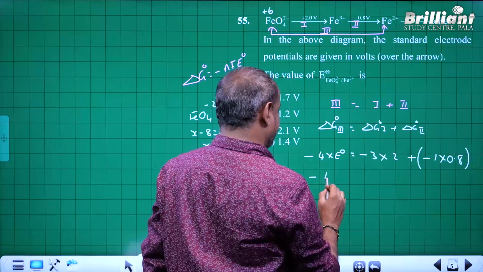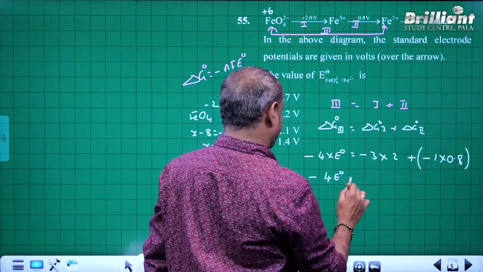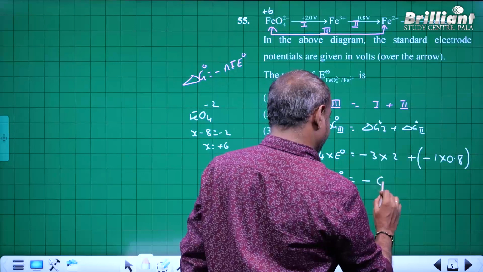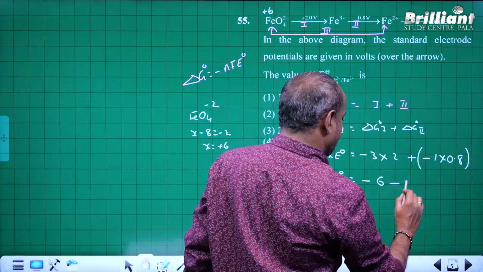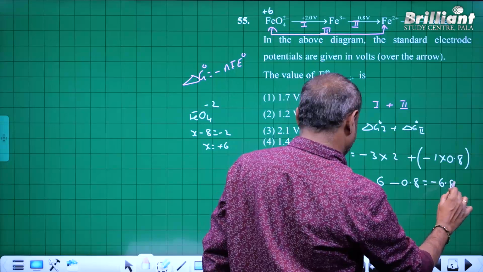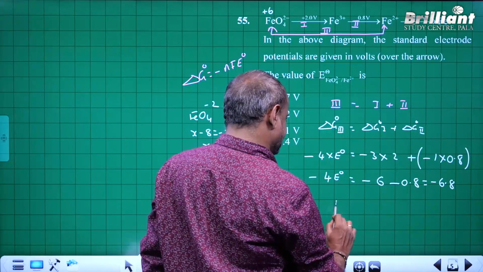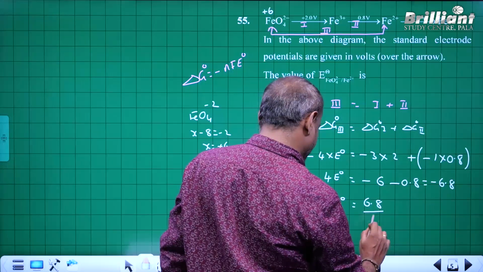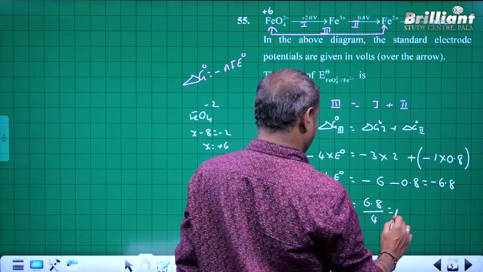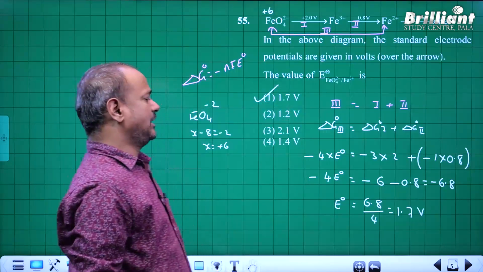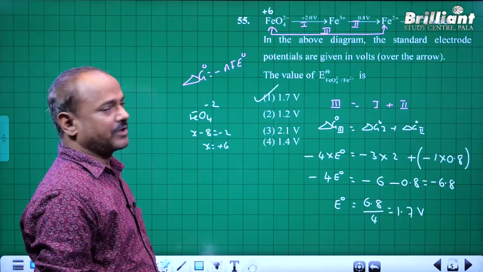So minus 4 E0 equals minus 6 minus 0.8, which is minus 6.8. Minus cancels. E0 equals 6.8 by 4, which is 1.7 volt. Option 1. Okay.